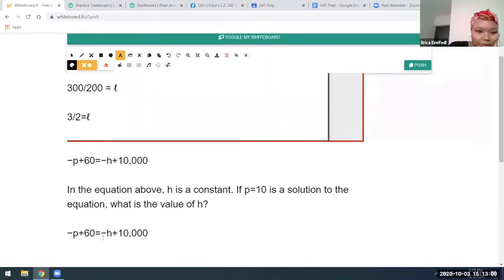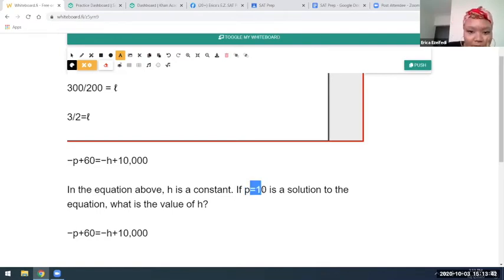Now, it can be a little tricky sometimes to substitute more than we should. If we look, it says that P equals 10. So when you do algebra, only copy exactly what they tell you. Don't try to skip ahead or do steps in your head, because that's where you can start to mess up.